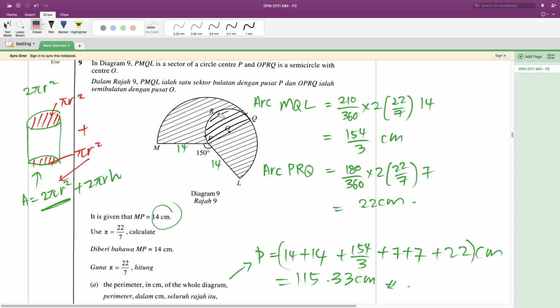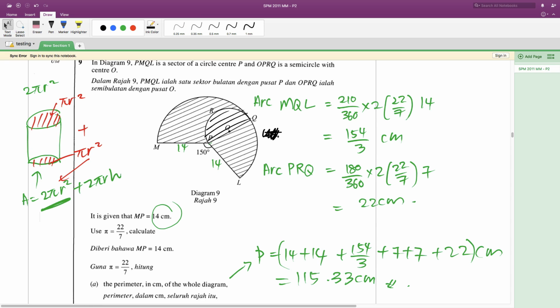Because when I say perimeter for this case, oops, why I couldn't erase this one? Okay, let me use the eraser. Some technical problem here again. It just doesn't let me erase. I'm not sure why. Maybe I can use my mouse. Okay, let me just reopen my OneNote.